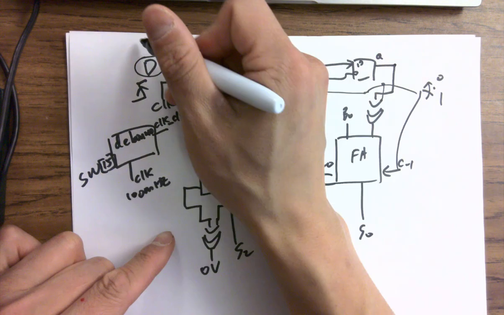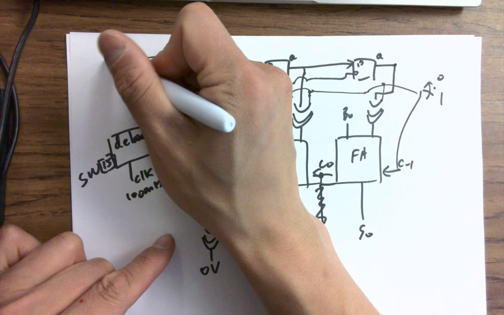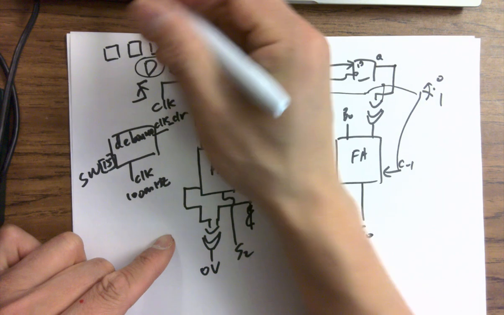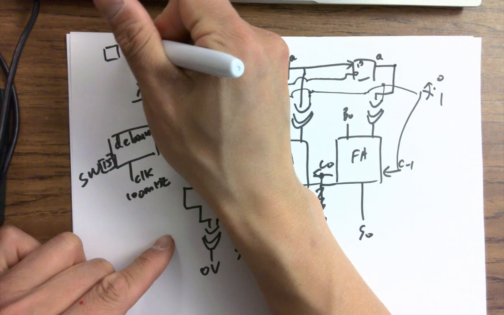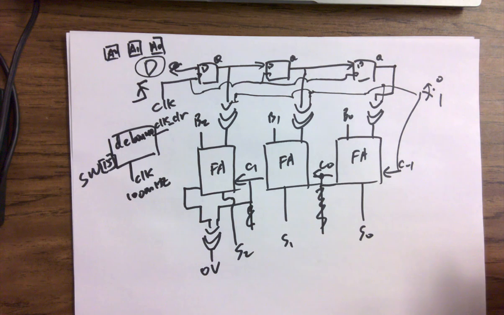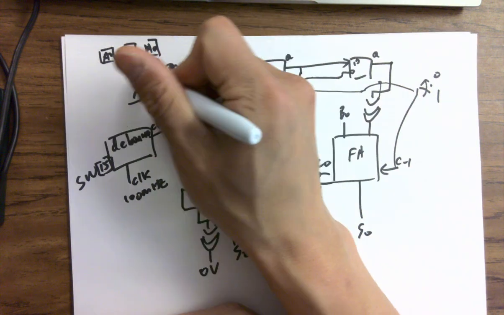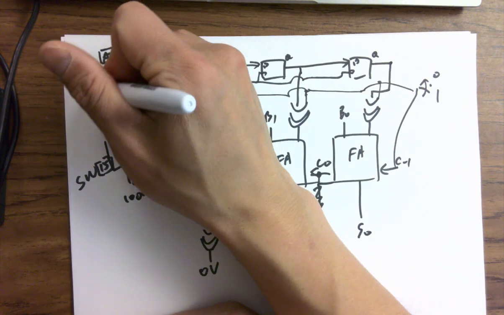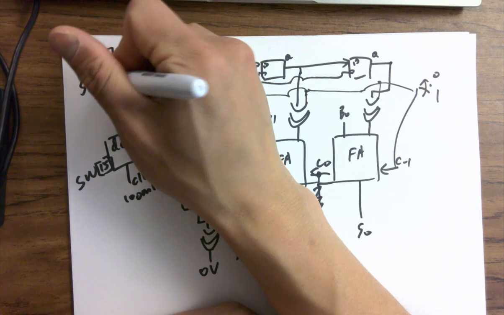So you have single bits. For example, these are the 3 bits you need: A0, A1, and A2. And you need one switch to provide a D. Let's do 14, for example.